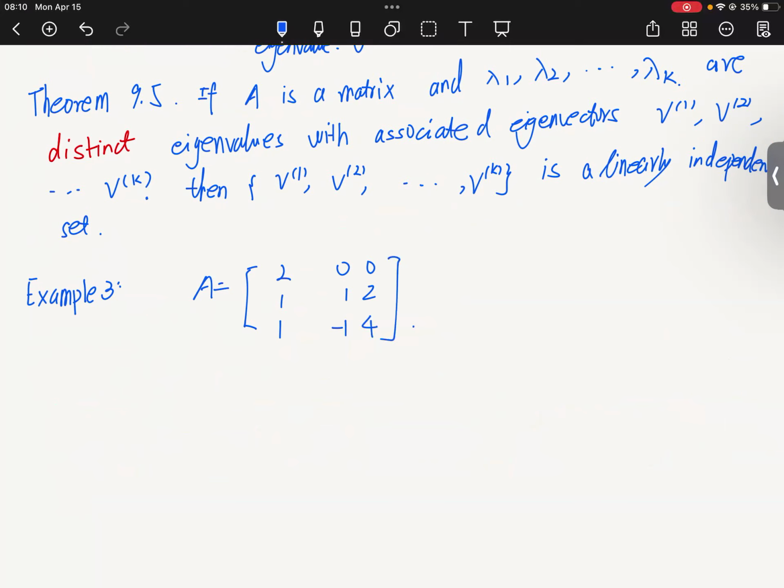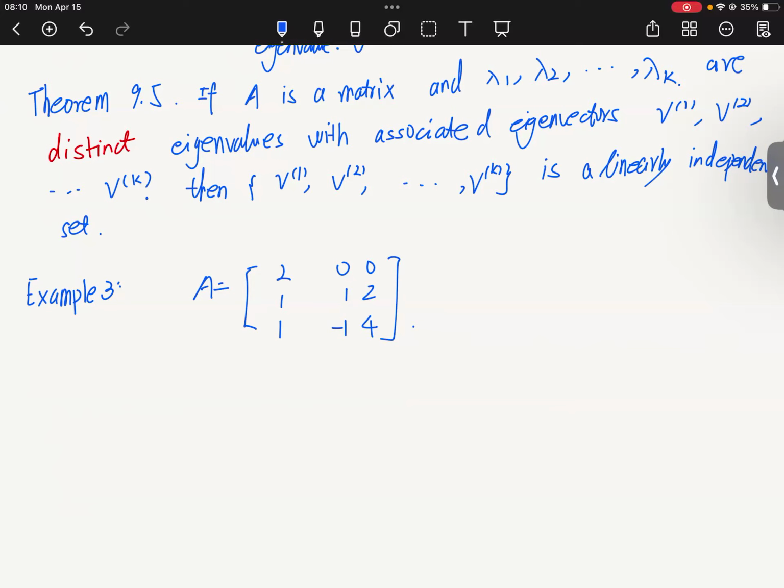We are going to calculate the eigenvalues and eigenvectors. I'm not going into the details, but I just want to take a look at the eigenvectors corresponding to the distinct eigenvalues, which form a linearly independent set. If you forget how to get the eigenvalues and the corresponding eigenvectors, you can go back to your linear algebra class to take a look.